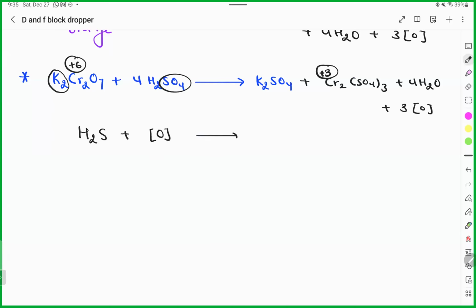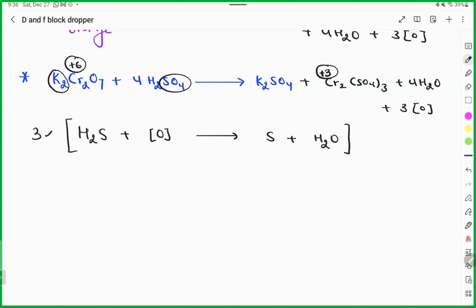It will convert into sulfur and H2O. Is this a balanced equation? H2S reacts with the nascent oxygen and converts into sulfur and H2O. Logically, it is correct. H2O is a stable molecule, sulfur is stable. But you need to remove nascent oxygen.